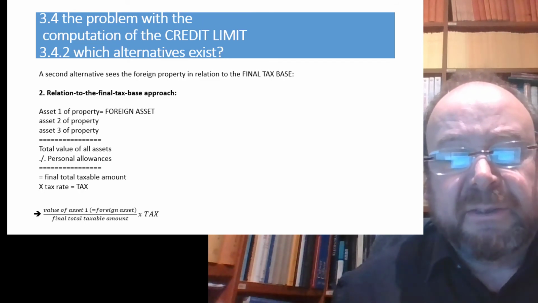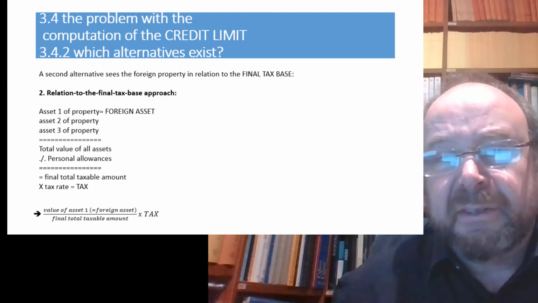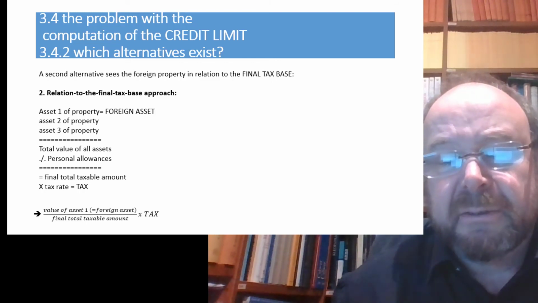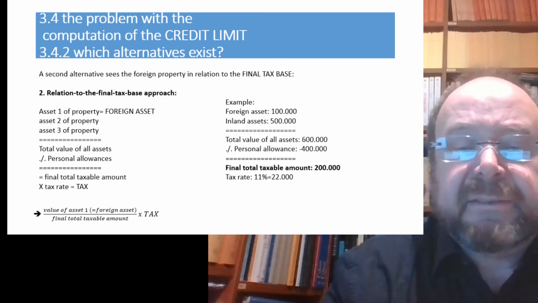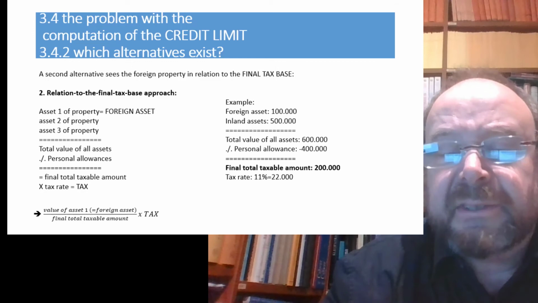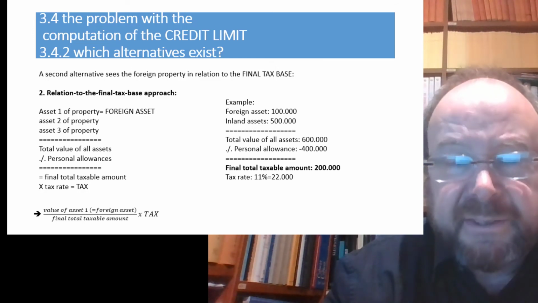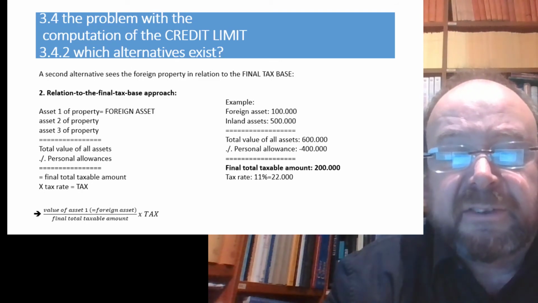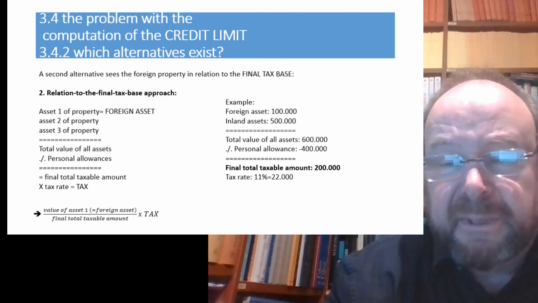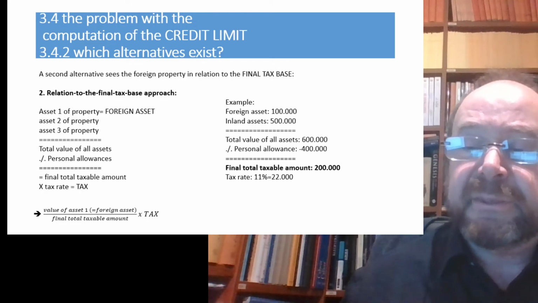That would be the value of the asset divided by the total taxable amount attributed to the tax. That would mean, in our case, we have a foreign asset, 100,000, we have inland assets of 500,000. Forget about the liabilities again, for reasons of simplification. We deduct 400,000, so we have a final total taxable amount of 200,000, 22,000.